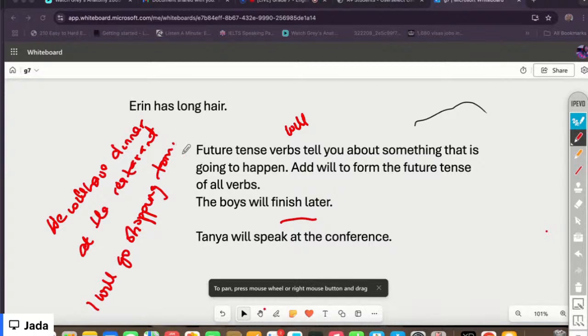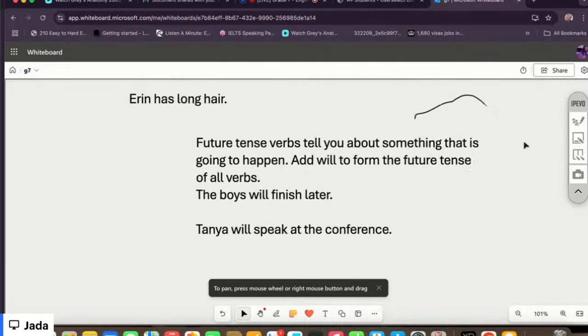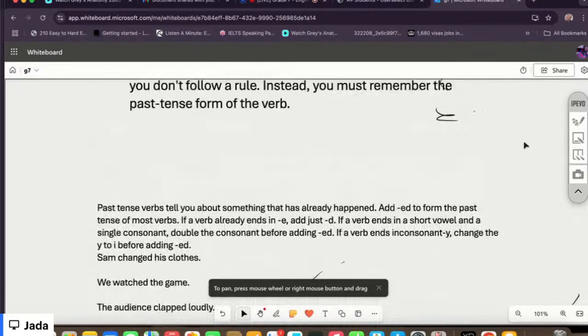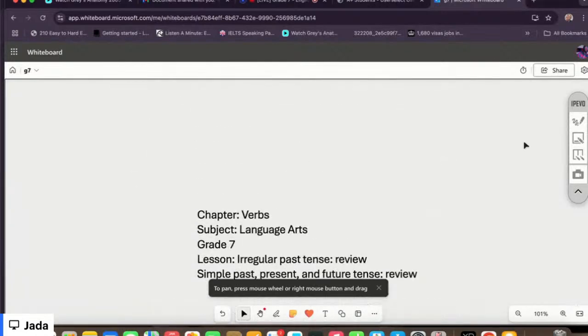So anything about the future has will, and then we know about the past tense. It has regular and irregular past tense. That's very common. Okay, so do you guys have any questions? Do you have any question at all before we move on?